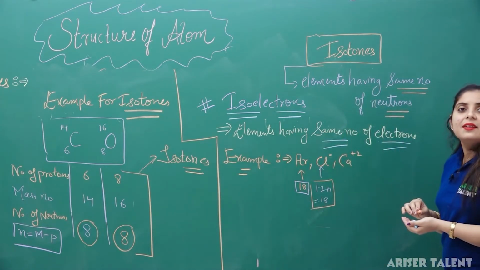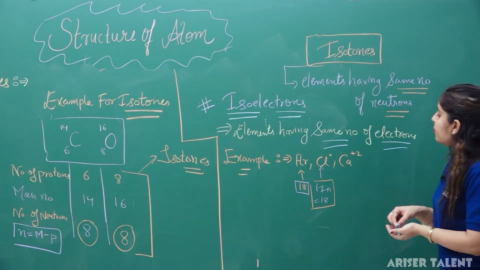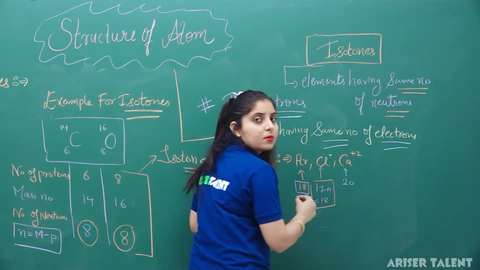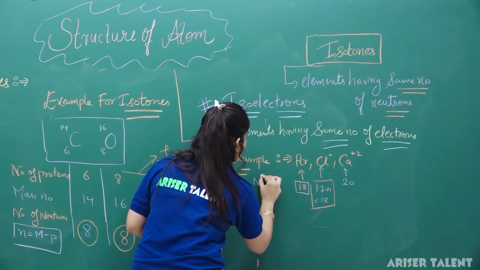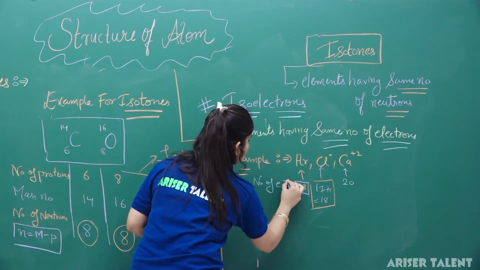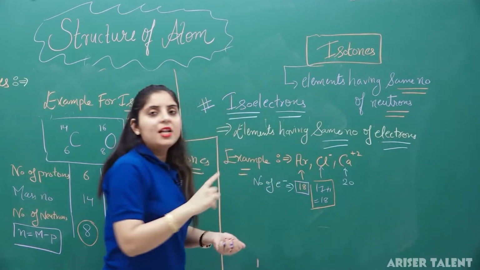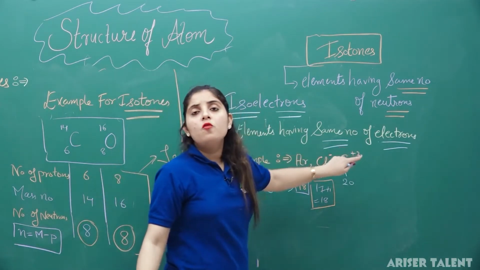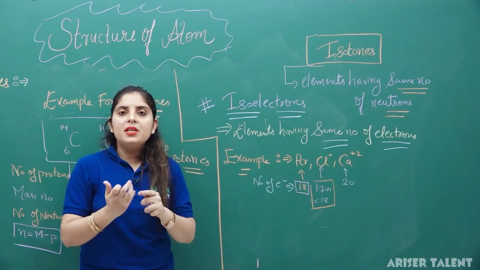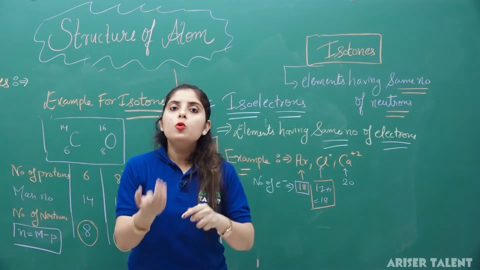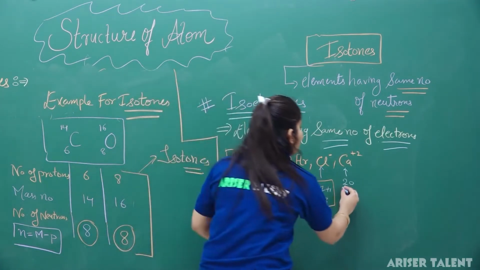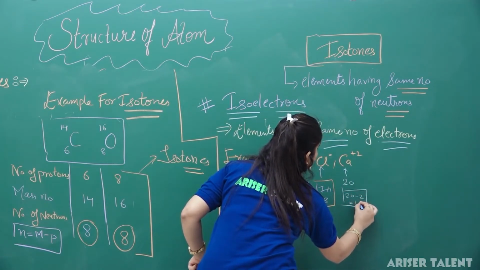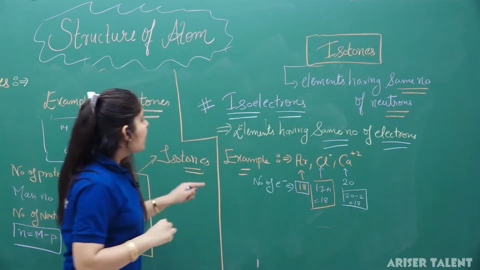Now we are considering the example of calcium. We know that the atomic number for calcium is 20, and it is carrying a charge of plus 2. It means it has a tendency to lose 2 electrons. So what will be the number of electrons remaining here? 20 minus 2, that is equal to 18.